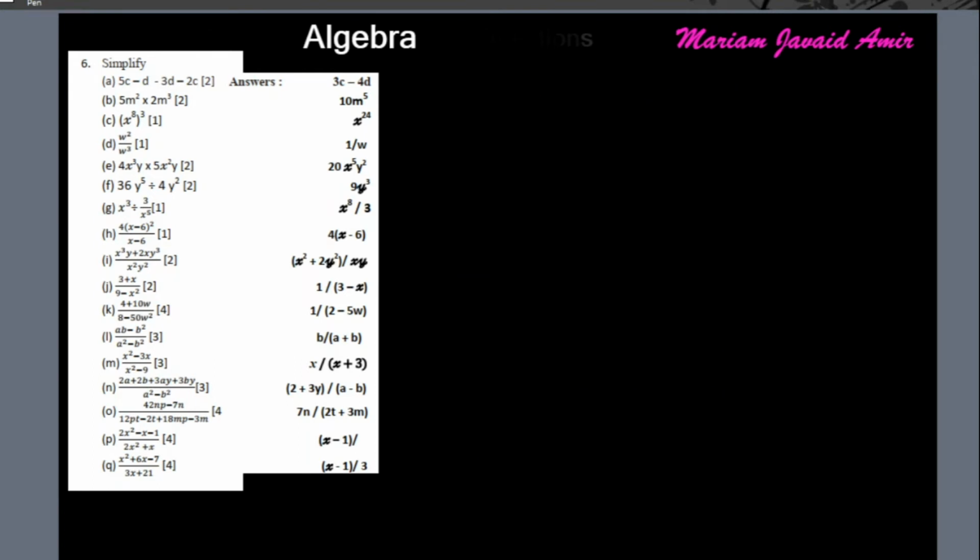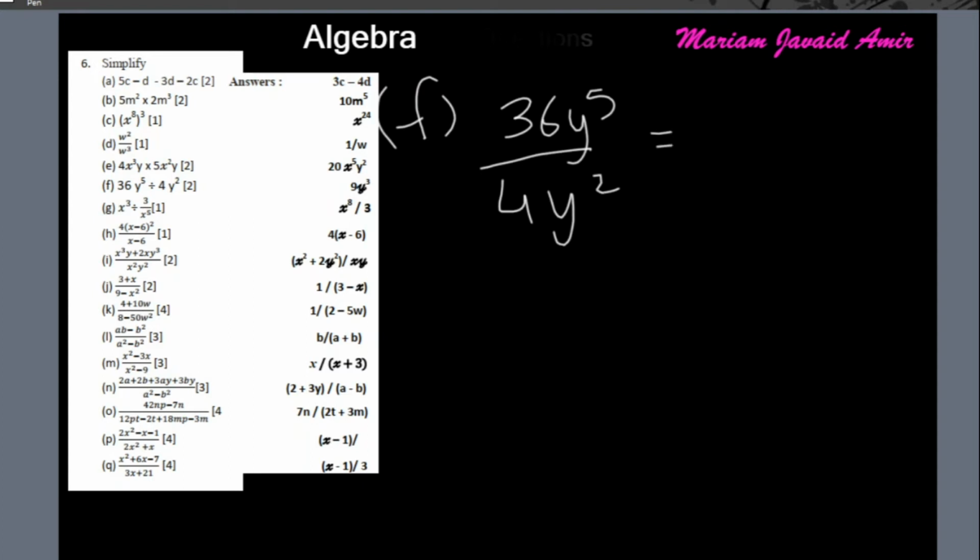Part F, 36y5 over 4y square. So 36 over 4 is 9, and y power 5 over y square will be y cube.